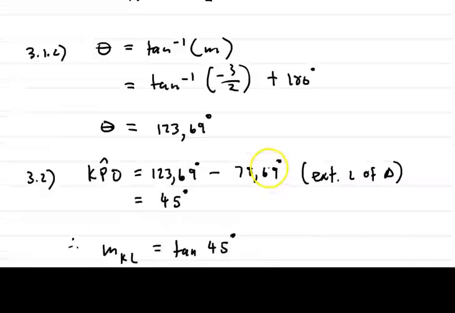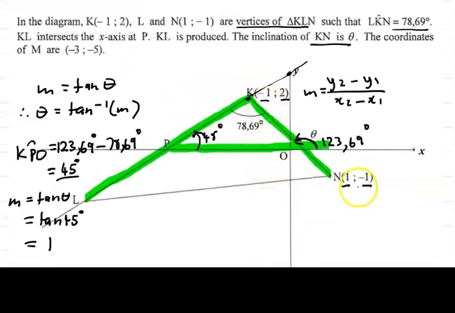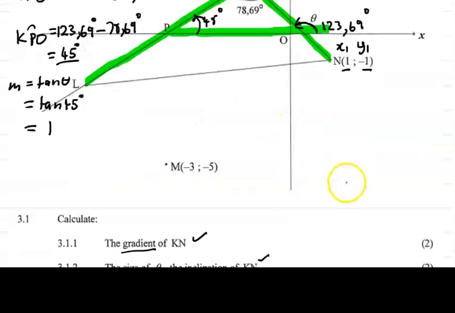So KN, let's go look at that. There's K and there's N. So there's my x, let's call it x2, y2, and let's call it x1, y1. So we got minus 1 all squared.